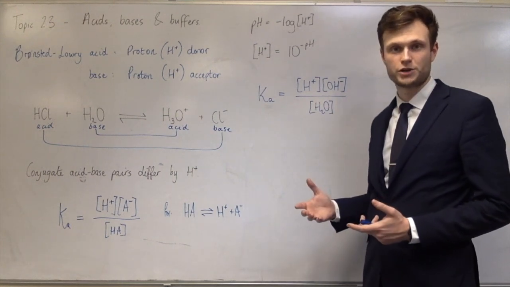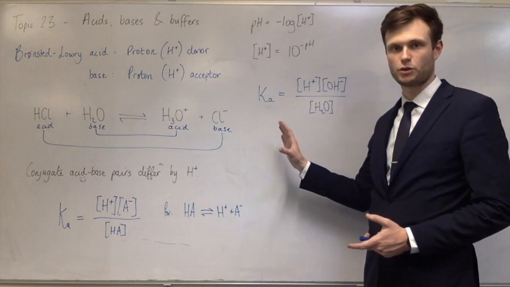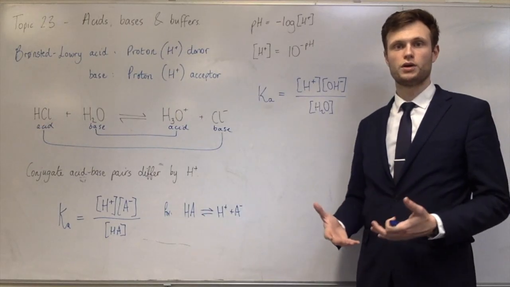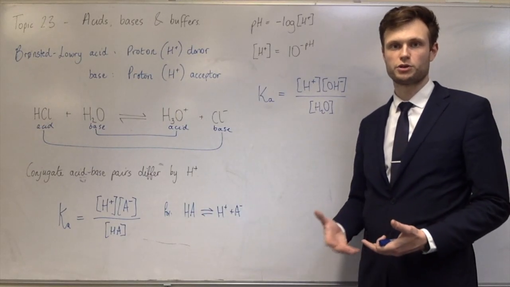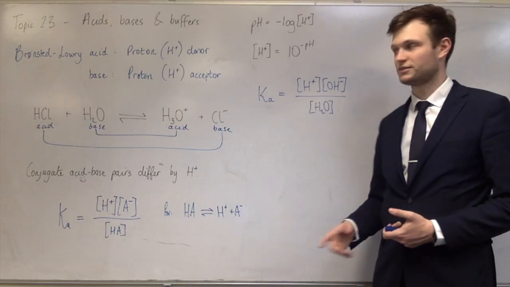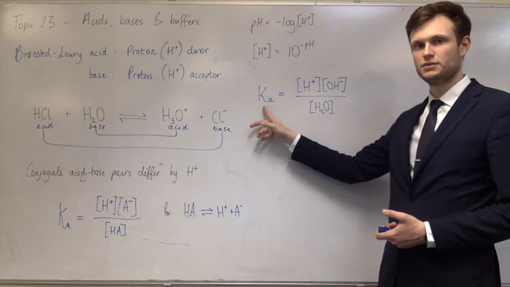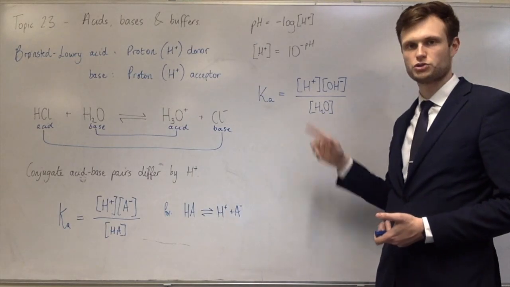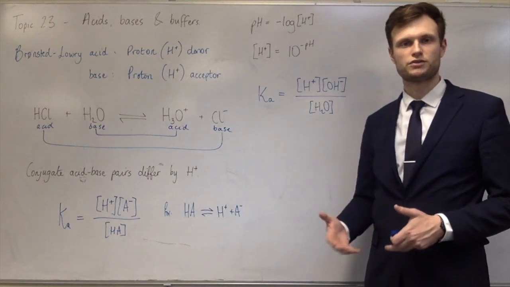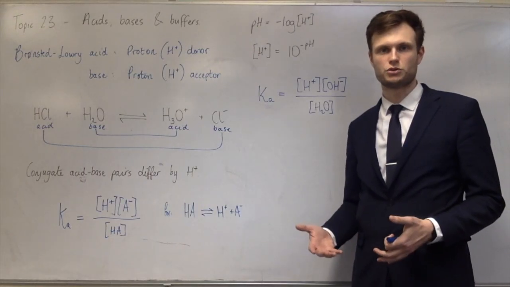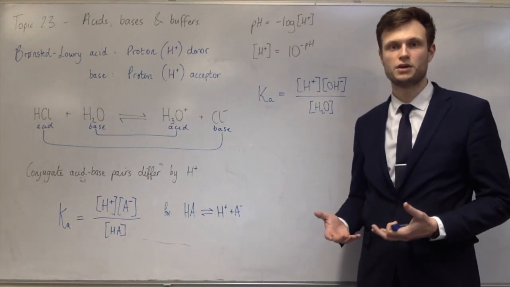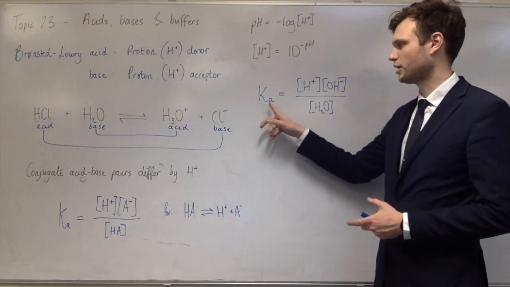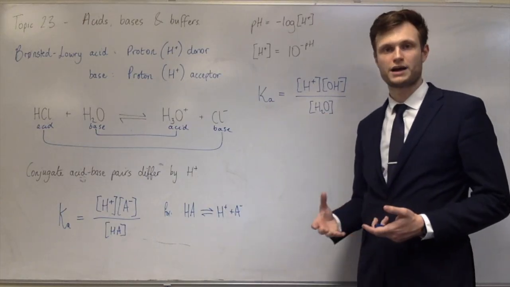And because water is special for acids, then we use this equation to make one more constant, which is called the ionic product of water. And what it is just Ka, which is the acid dissociation constant for water, multiplied by the concentration of water. Now, the concentration of water in all aqueous solutions is pretty much the same. So you can make a new constant by multiplying these two together, and we call that Kw.